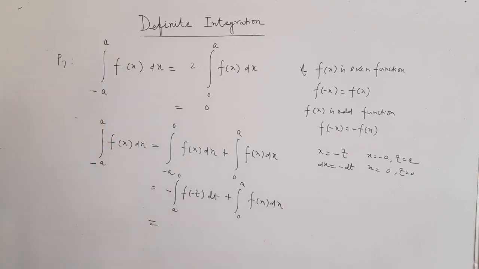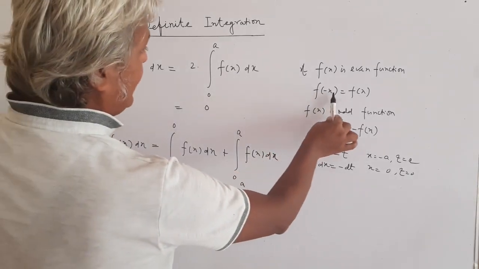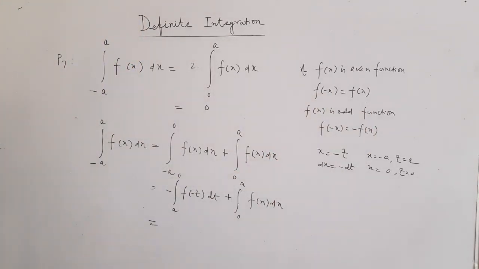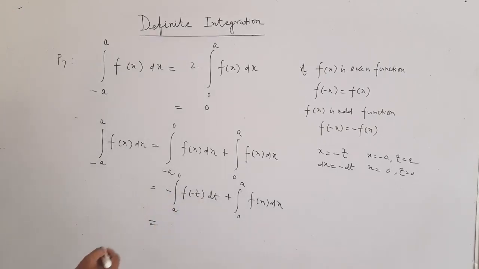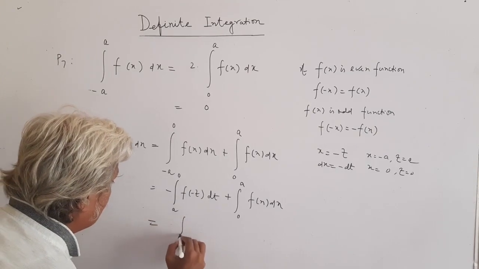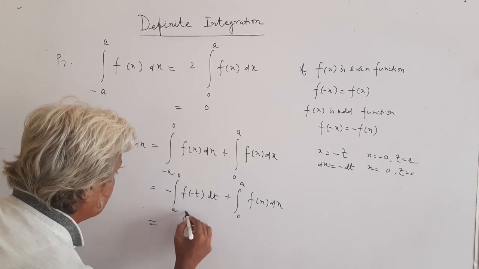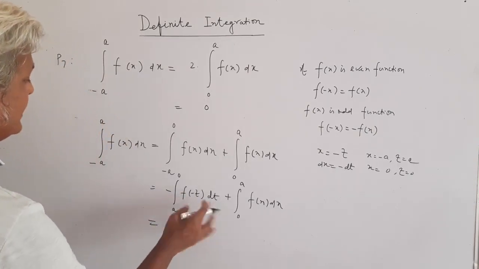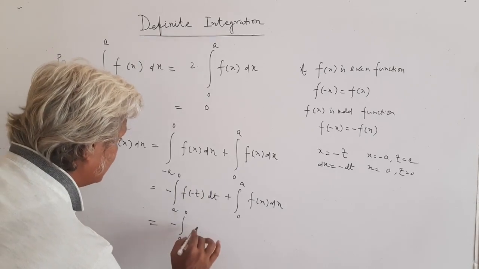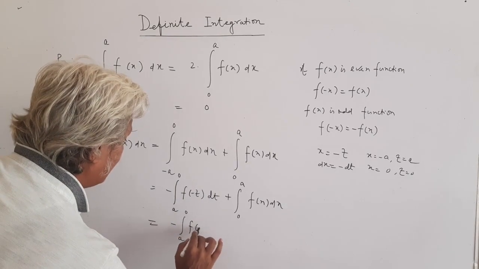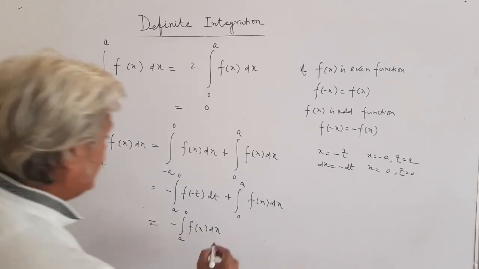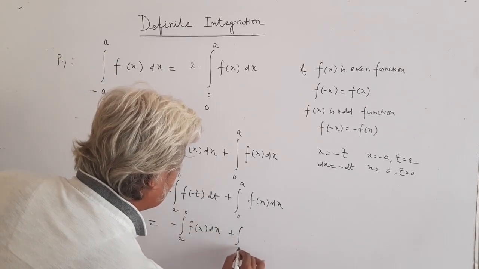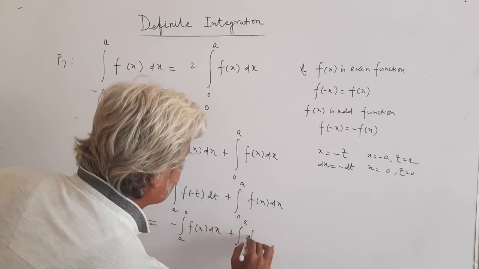Now just look at the idea. If f(minus t) is f(t), like suppose this is an even function, then this whole thing will become the integral from a to 0, the minus is gone and this will become minus, f(x) dx, plus the integral from 0 to a of f(x) dx.